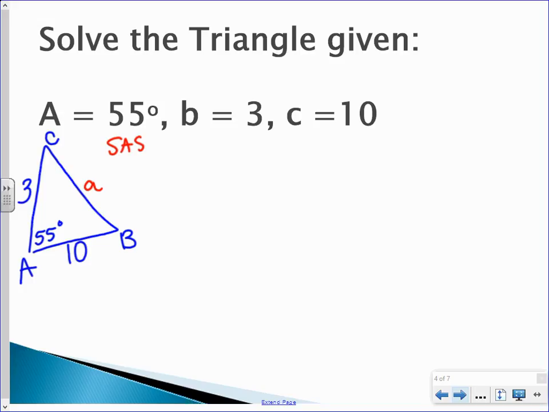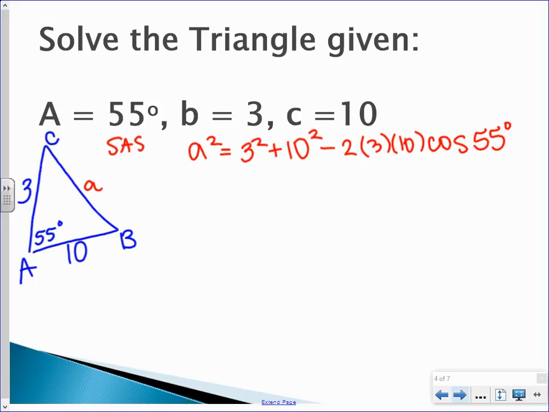Okay? So, here we go. A squared is b squared plus c squared minus 2bc cosine of A.